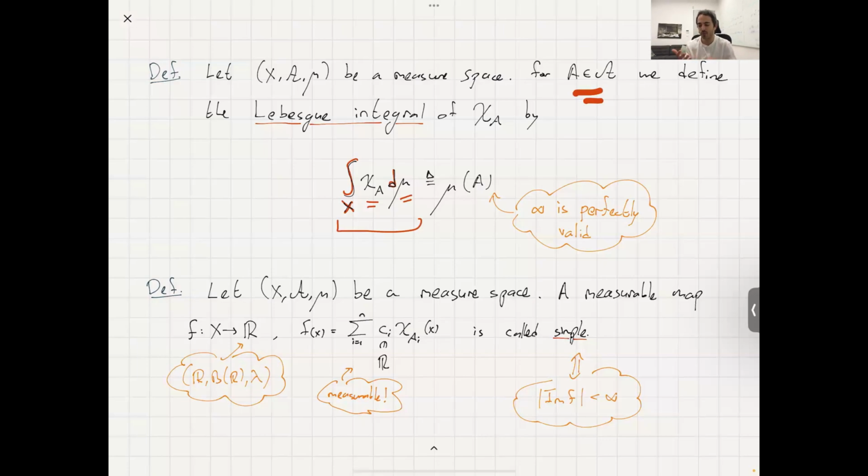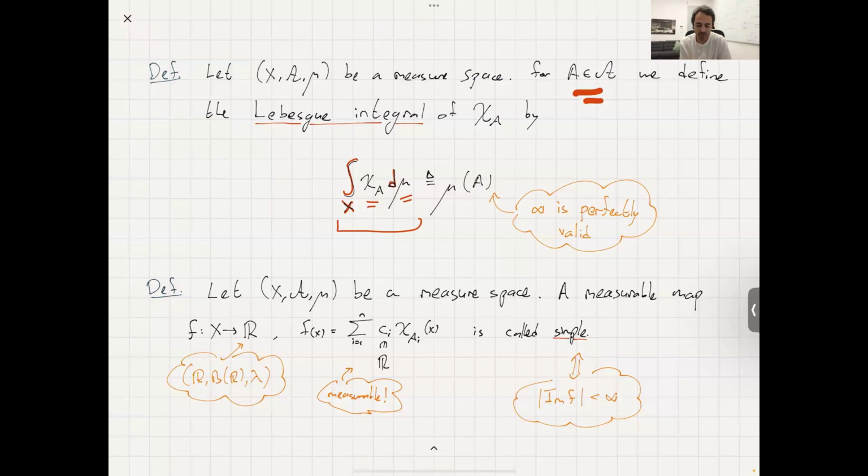So sometimes you have convergence and you're not sure whether series converge, and so you have to keep the option in mind that it may diverge to infinity and so forth, but never mind. Okay, so this is the definition of the Lebesgue integral for the simplest possible function, a characteristic function, which is essentially a set. Let's extend it a bit.